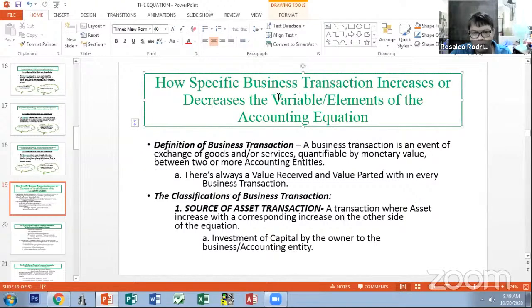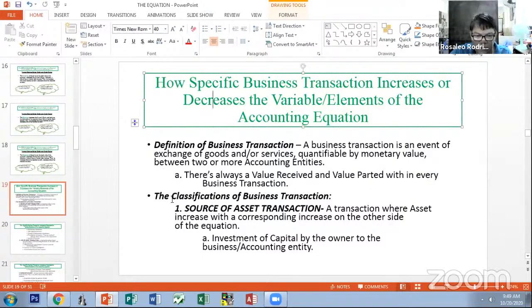And later on, we're more specific: increases or decreases in the accounts of these different variables or elements. So the variables of this accounting equation have more specific accounts, so increases or decreases to the accounts of the variable elements of the accounting equation.